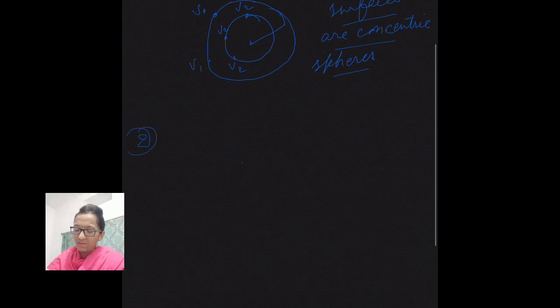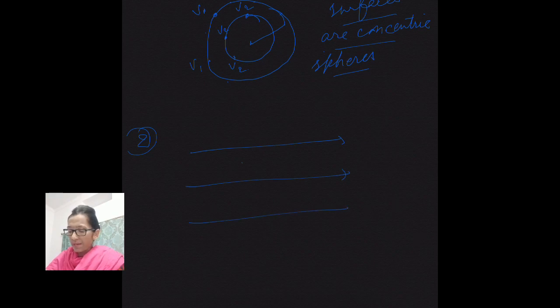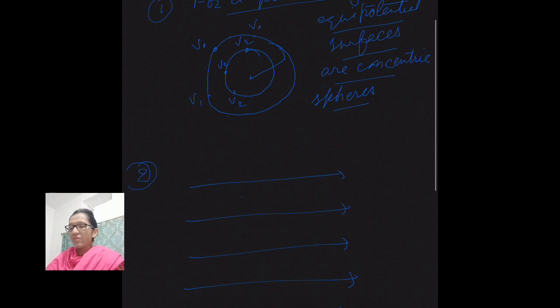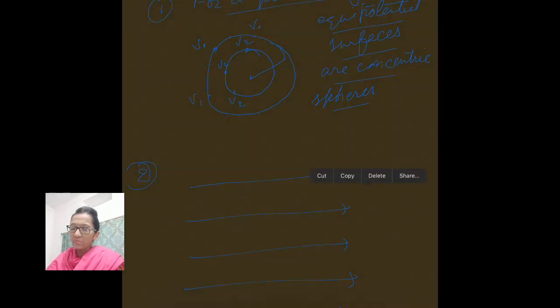Now the second one, for a uniform electric field which is along the positive x direction. And one thing more I would like to explain here, let me do it with the help of a concentric sphere.